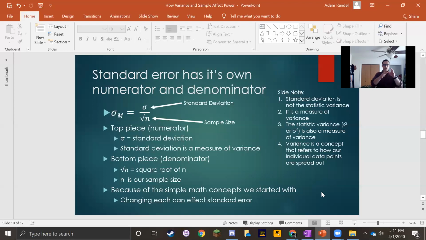Now, let's go back to the formula for standard error that we see there. So that top piece, that's standard deviation, variance. That bottom piece is the square root of n. N is our sample size, all right? Now, because of those simple math concepts that we talked about at the very beginning, changing variance does something to standard error, and changing our sample size does something to standard error. Let's talk about each of those.